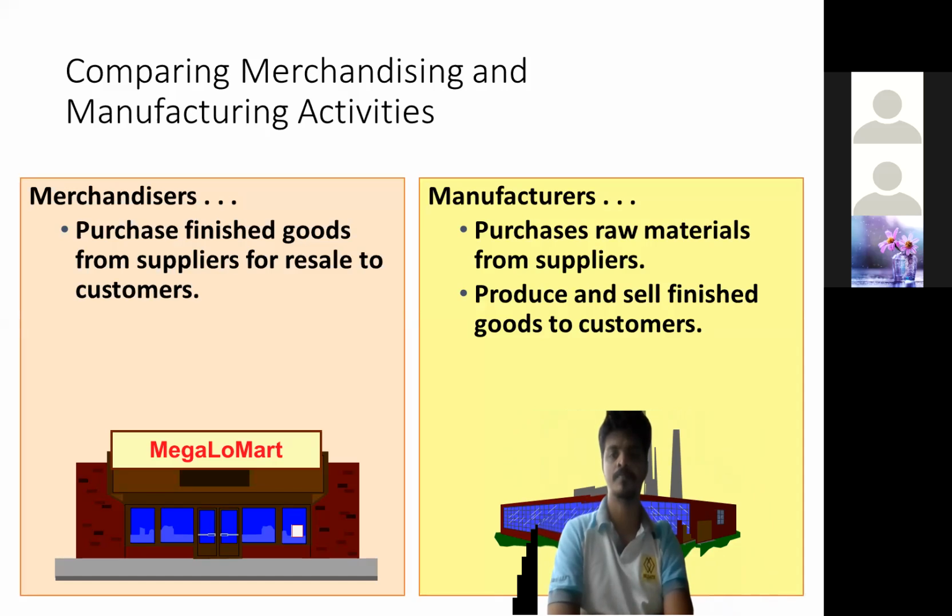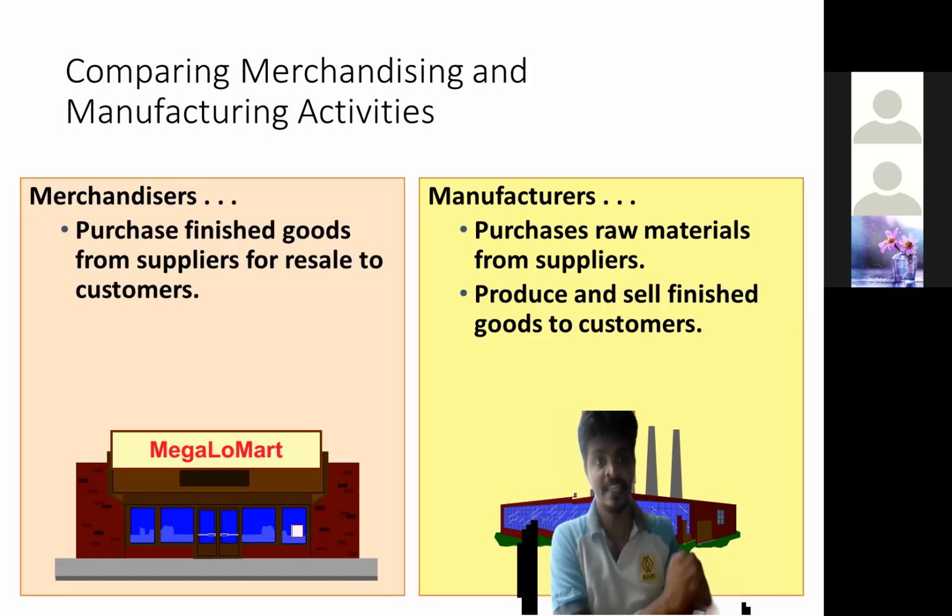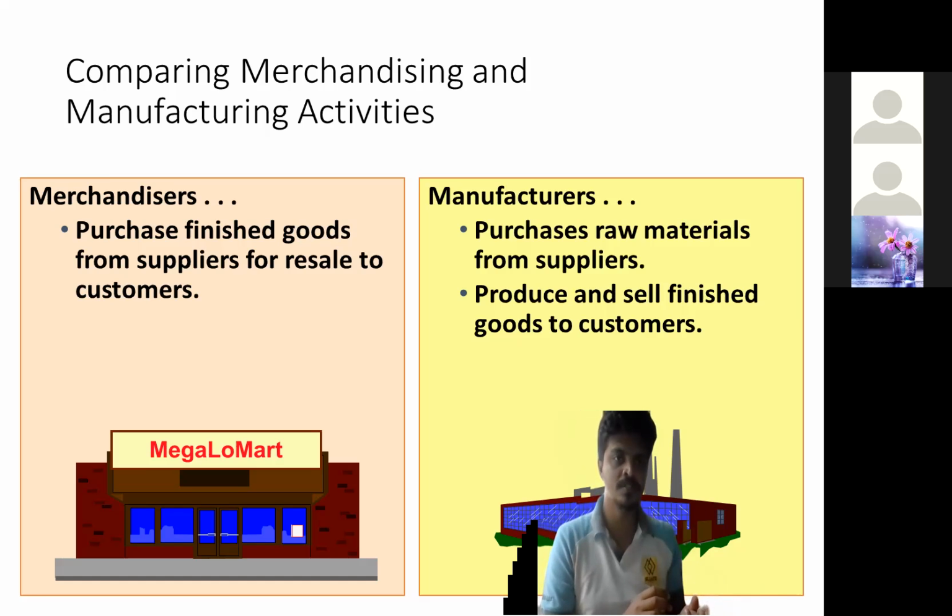Anyone? According to your point of view, what are the differences that can be there? When it's merchandisers, they just purchase the finished goods and they sell those finished goods to their customers. Just buying and selling.